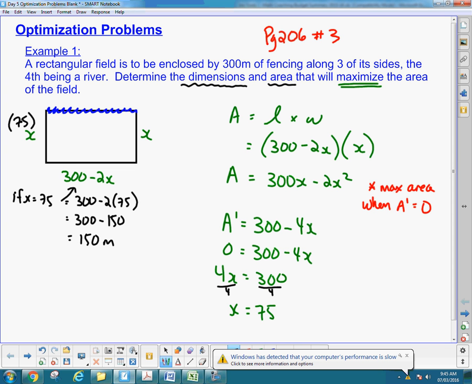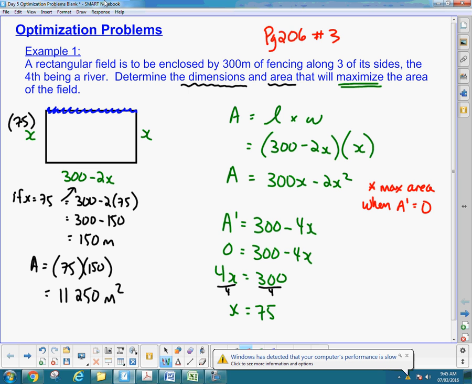So therefore the dimensions are 75 by 150. And of course, to figure out the area then, the area is going to be 75 times 150, which is 11,250 meters squared.